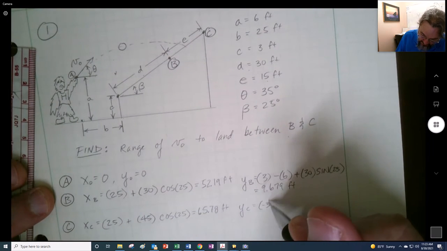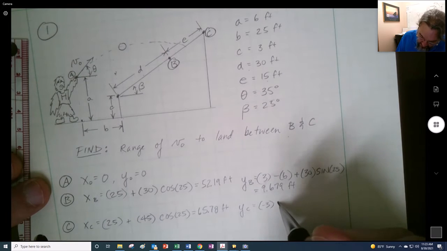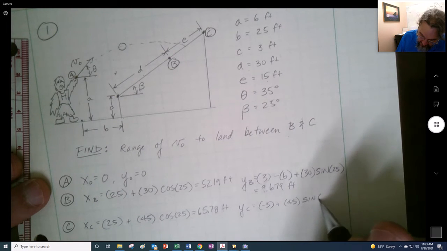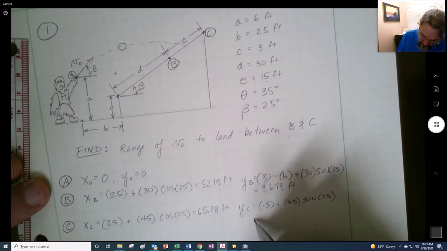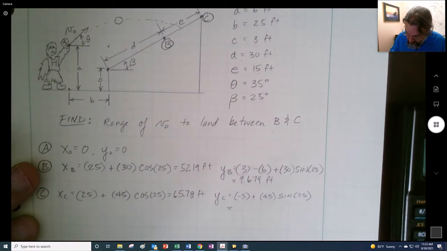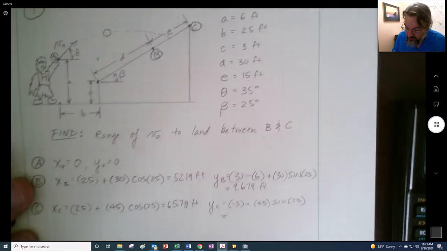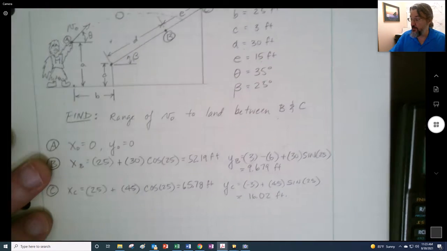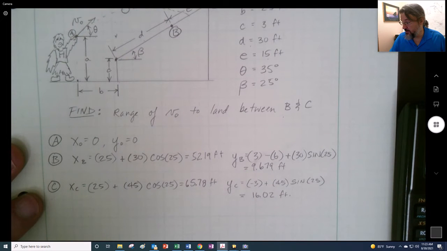So it's just going to be minus 3 right there, plus our 45 times the sine of 25. And that's going to be 45 sine 25 times 3 minus, 16.02 feet.